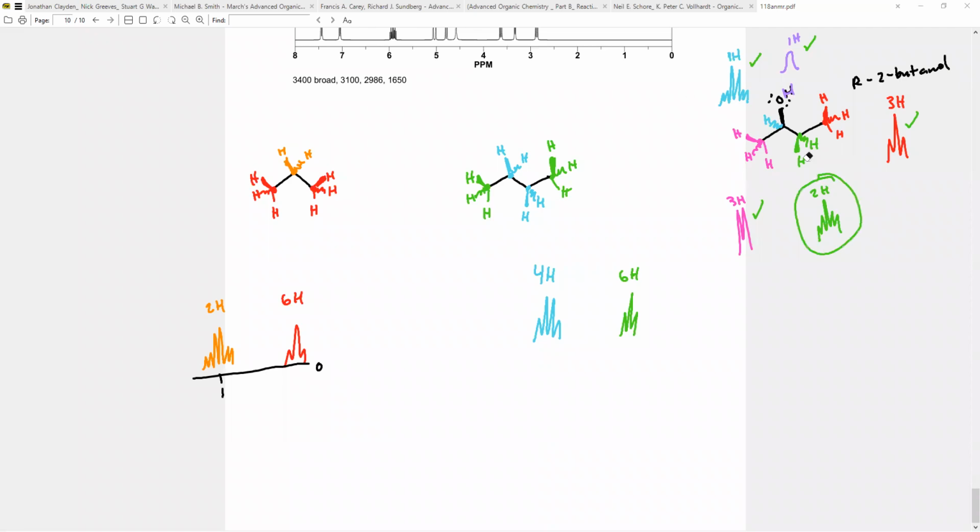But funny enough, the 2H that I drew in green actually is not going to represent itself the way that we've drawn it. Let me change this color. Oh, sorry, I chose green again. Let me choose orange. So in fact, this is not what shows up. We don't see the 2H multiplet.